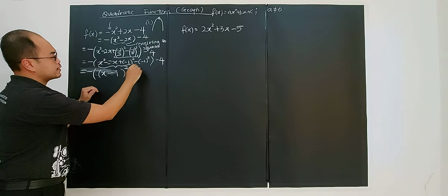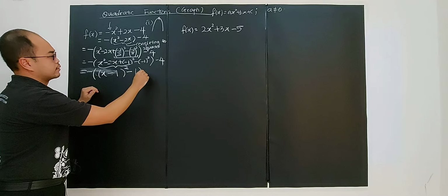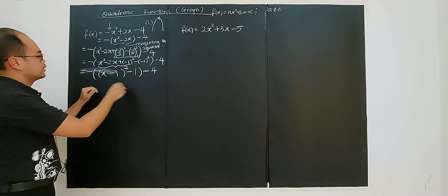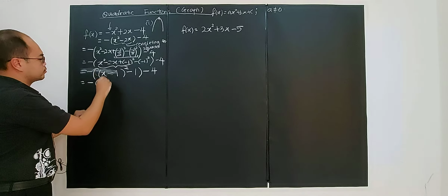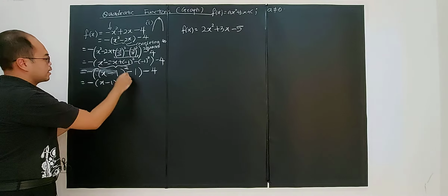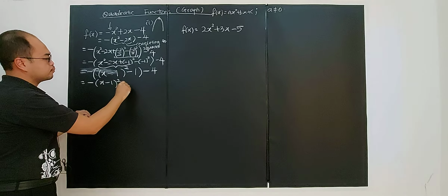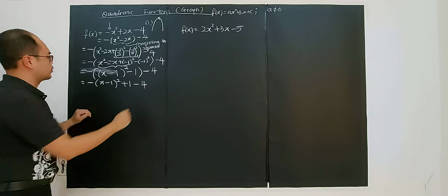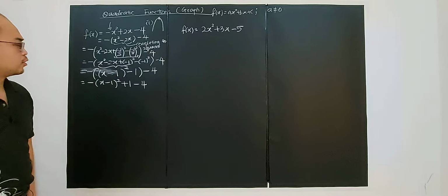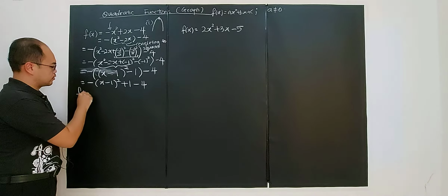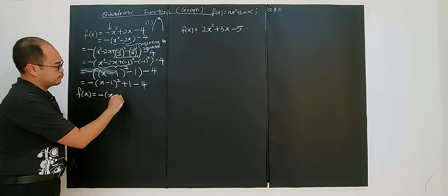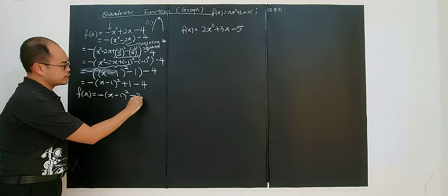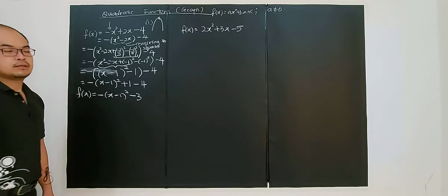And this one will be negative 1 squared, which is 1, then minus 4 is outside. So you have to expand the negative inside. So you have negative x minus 1 squared, negative positive 1, negative 4, right? Finally, your f(x) is in completed form, which is a complete square minus 3.